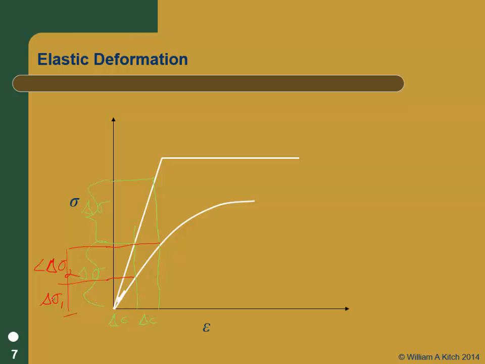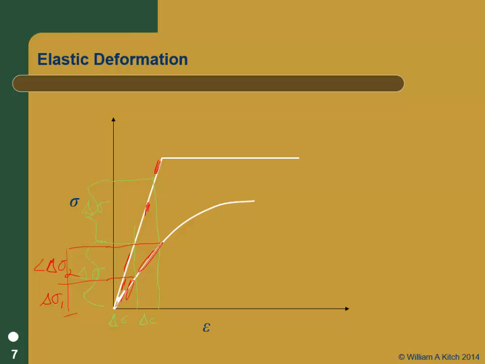If I did the one that's softer first and then the one that's stiffer, I'm going to have a different answer. So that's what it means that successive increments can be superimposed. The easier way to look at it is to realize that it's not going up a straight line. What's happening up here is not the same as what's happening down here. Whereas here, what's happening in here is the same as what's happening here, and over here, and there.